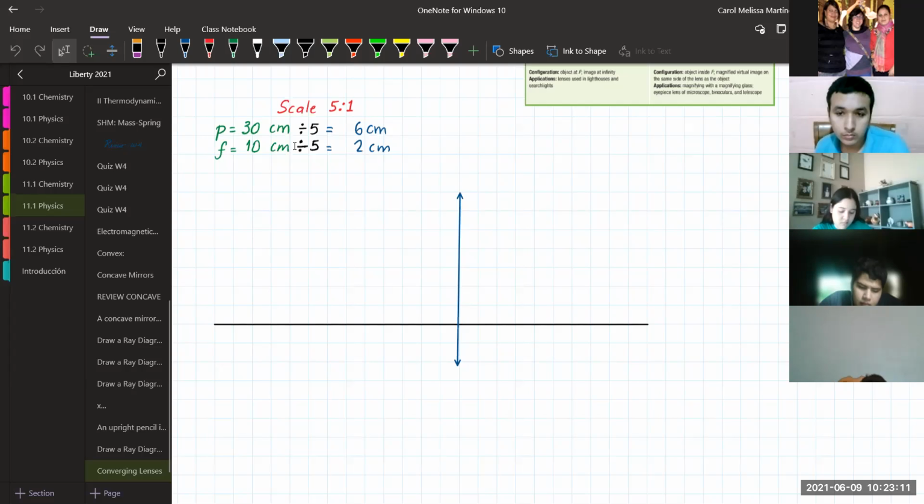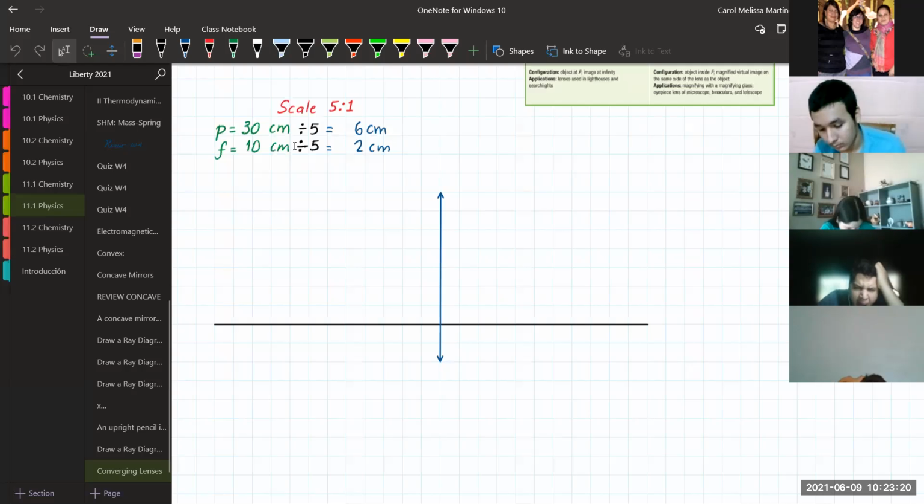I'm going to put it there. Okay. So take a look at what I'm going to do right now. In that place, I'm going to draw a converging lens.